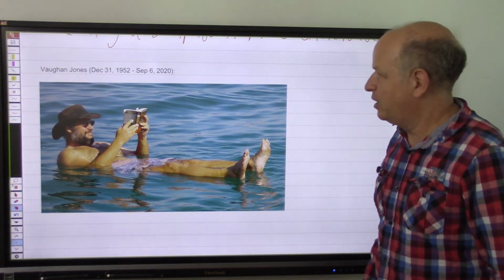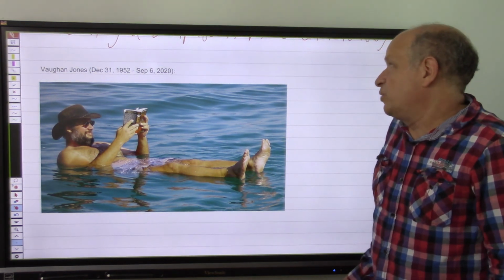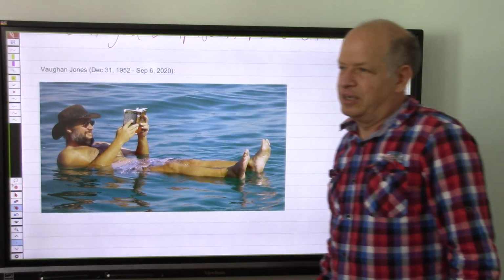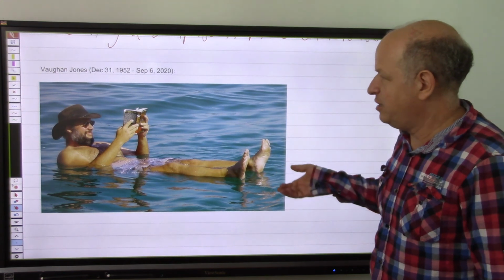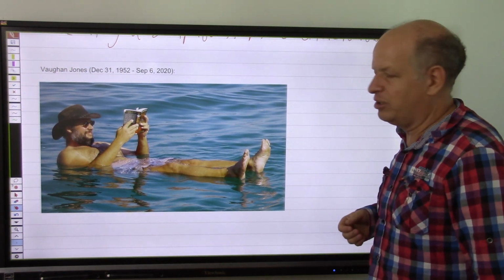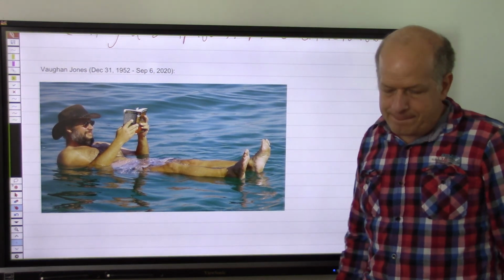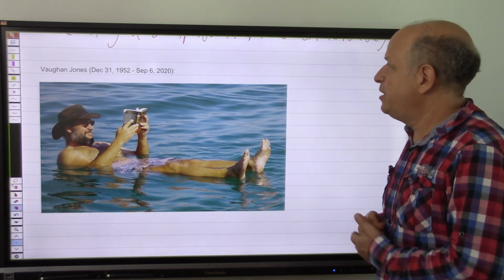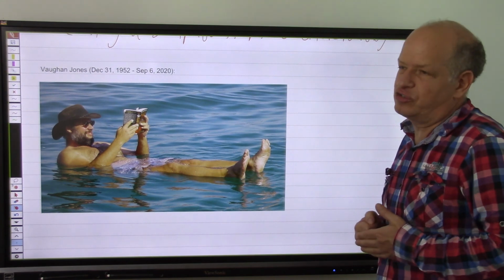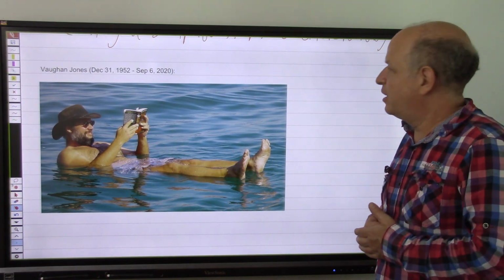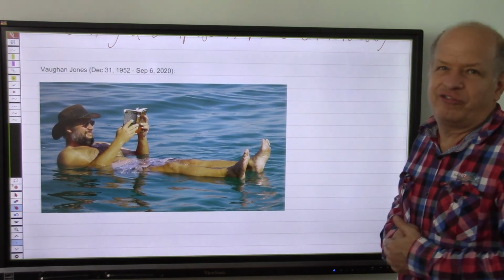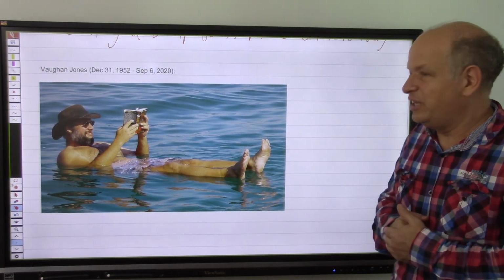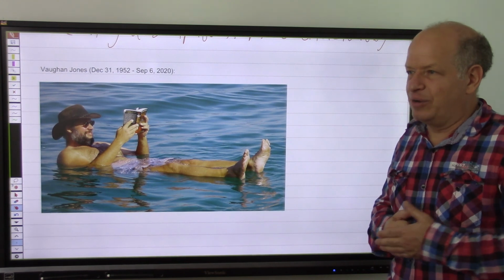So I want to start looking at a better invariant, and the better invariant is the so-called Jones polynomial, and I have to start with sad news. Vaughan Jones passed away. He's the person who invented the Jones polynomial. He in fact got a Fields Medal for it, and he passed away just earlier this week. He was a good friend of mine, and I took this picture when he visited me back when I was in Jerusalem.